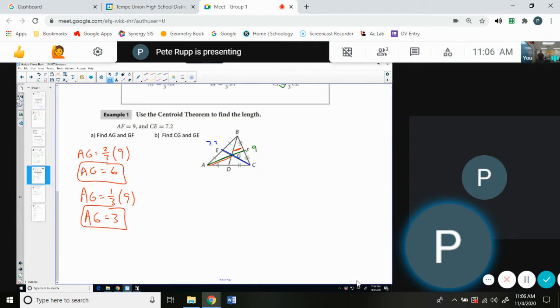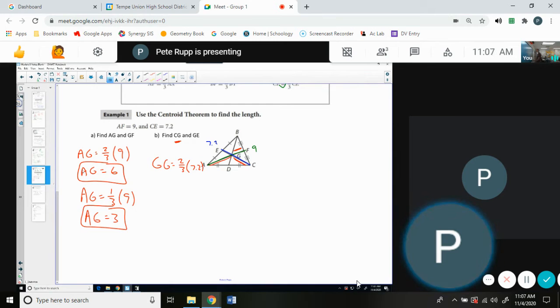Next one is a decimal, so we definitely are going to want to do it on a calculator. So let's go ahead and do the same thing here. We're going to lay out what we're trying to find. CG is this piece here. So to me, that looks like the longer of the two. So that means that CG is 2/3 of the entire segment length, which is 7.2.